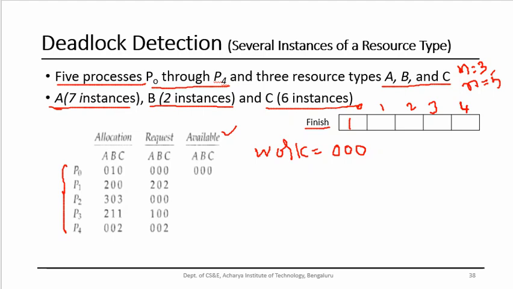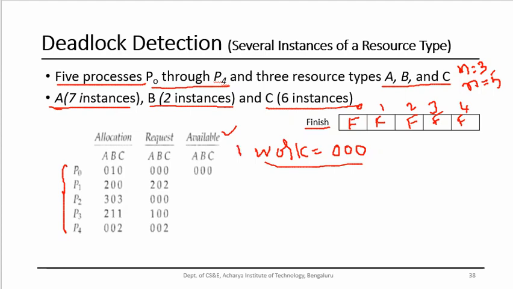So we are going to make the elements of this array false. Okay, to start with, we have made work equal to available, and we have made all the elements of the finish array equal to false.